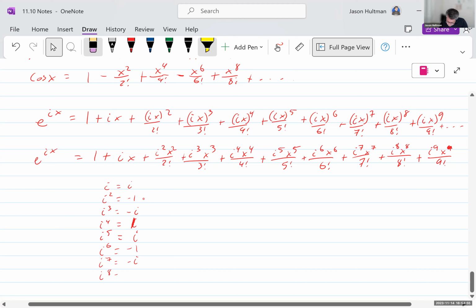And then i to the 8th is 1 again. And then i to the 9th is i. So it cycles through.